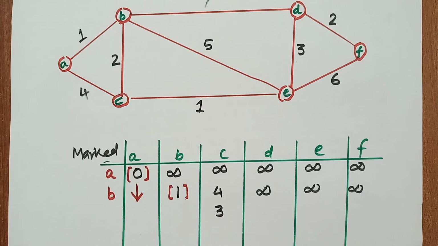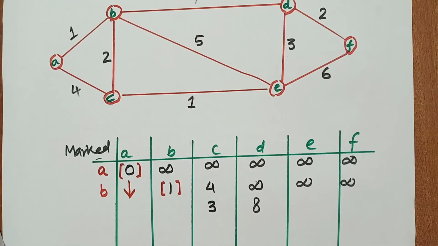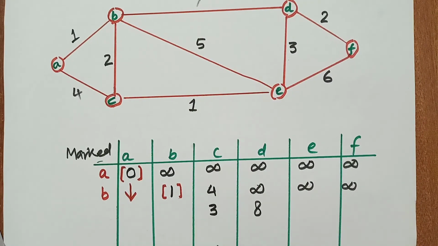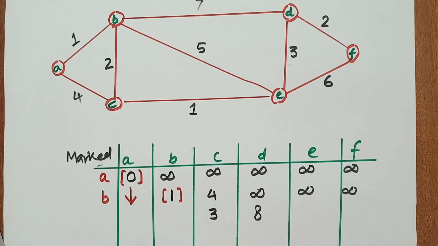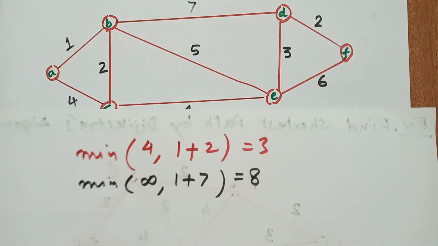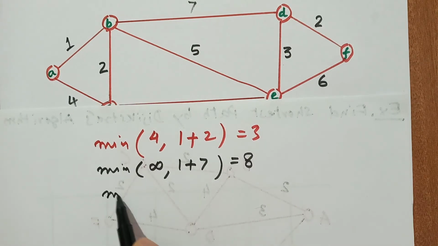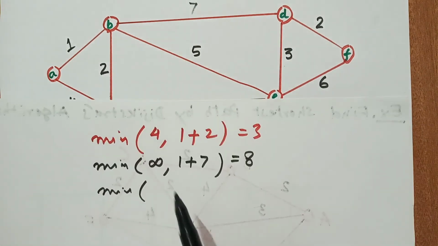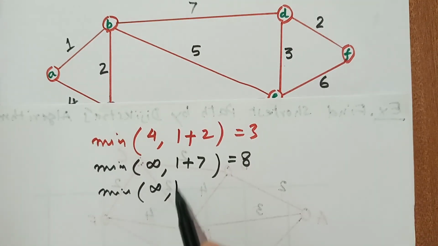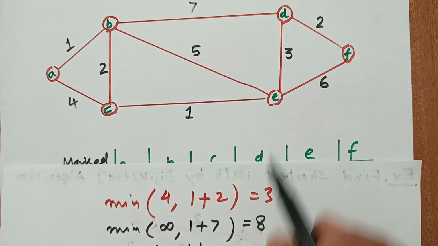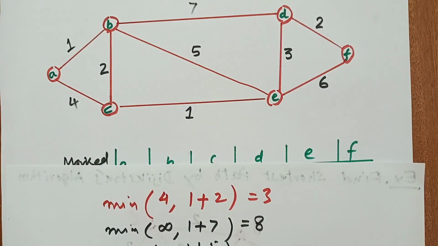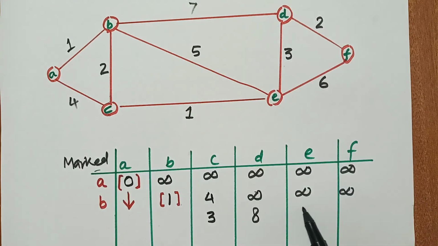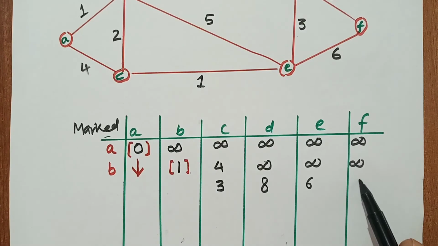So we will write 8 below D. Now B to E. Again we use the formula, minimum of the old value of E, which is infinite, and the marked value 1 plus the weight B to E, 5. So this is 6. So here 6. And the remaining vertex, since it is not directly connected, we write as it is.